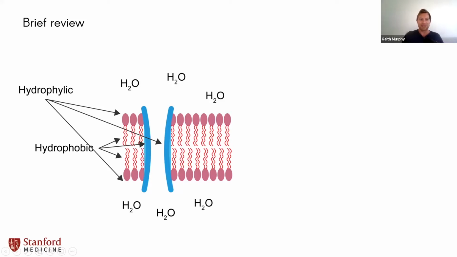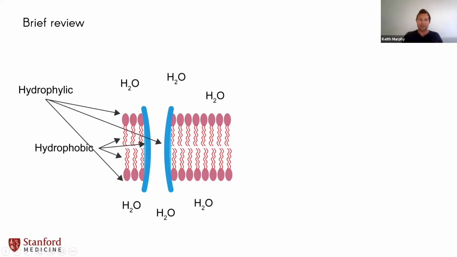And because of this dual nature, they'll actually self-organize, where the hydrophobic components will come together and the hydrophilic components will go towards water. And this creates this sort of self-forming system. And that's what membranes are. They're these fluid, oily structures that interface with water on the inside and the outside. And this is important because protein channels that embed within these membranes have both hydrophilic and hydrophobic structural properties.